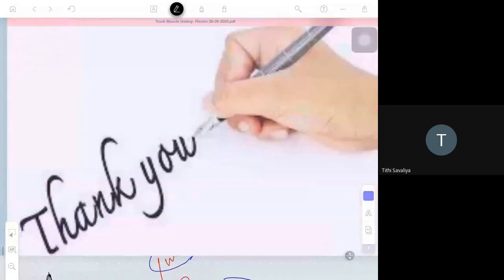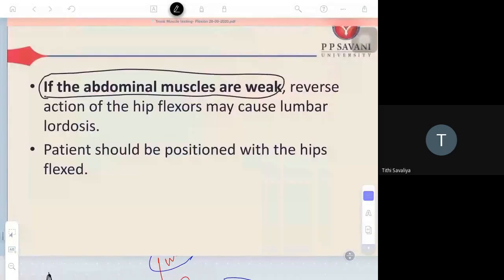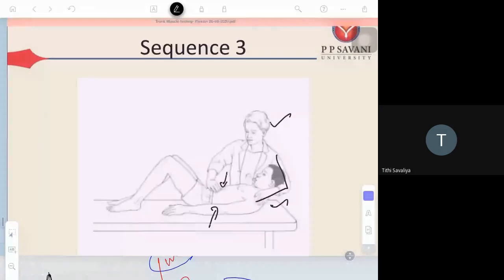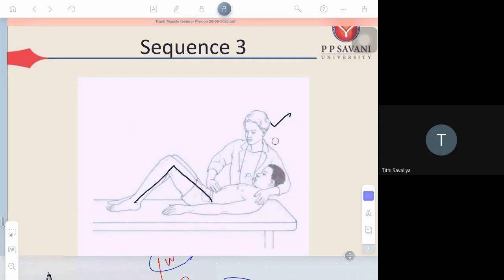So now what will you do in this situation? You have to position the hip in the flexed position. Now you see here, the patient is in crook lying position. You know, this is called crook lying.